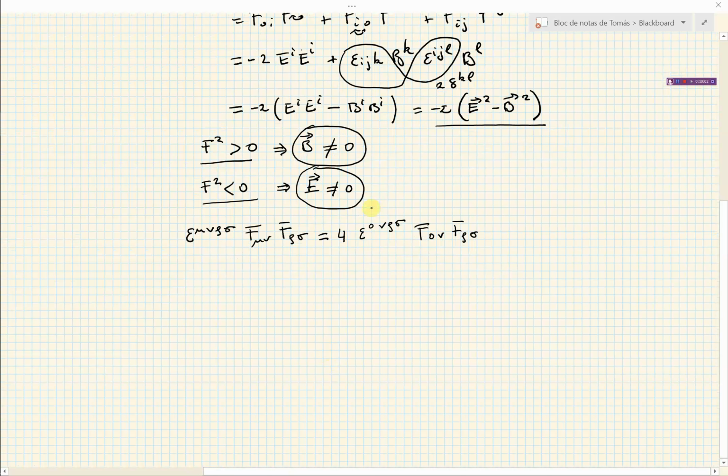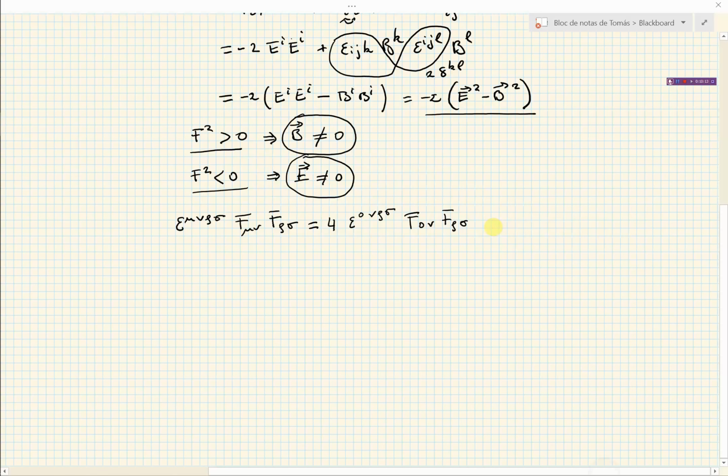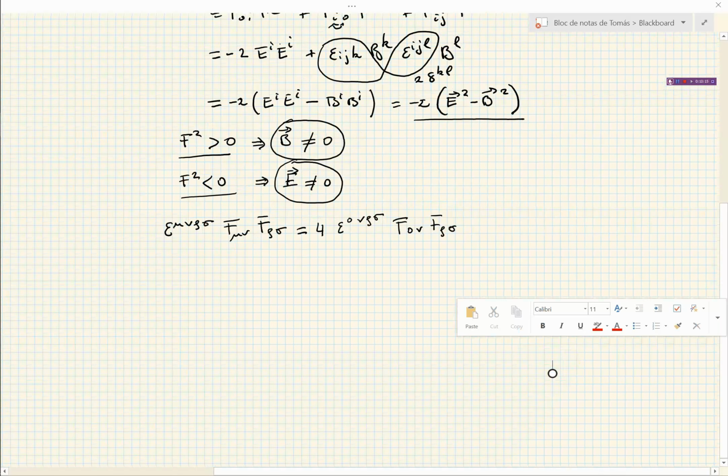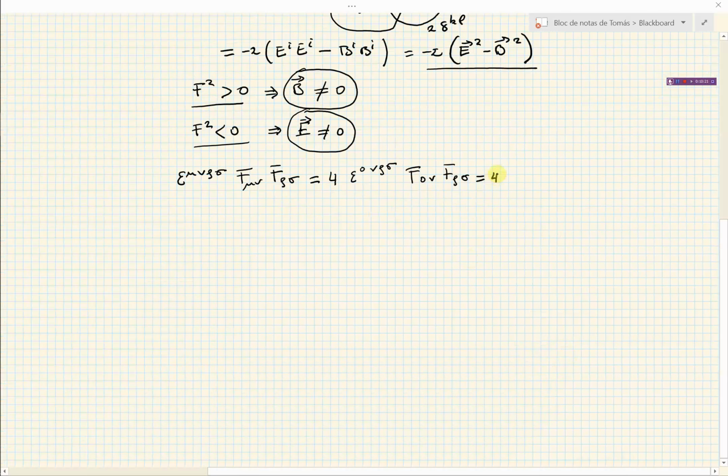At the moment I have an index 0 here, and nu, rho and sigma can only be spatial indices, so this is actually only epsilon 0 i j k F0 i F j k.